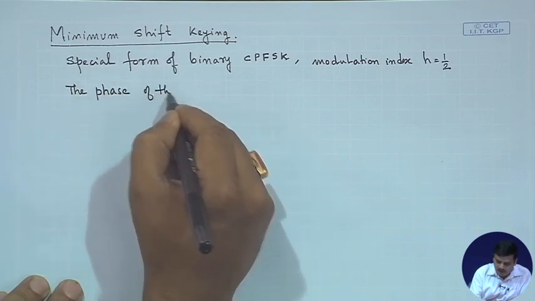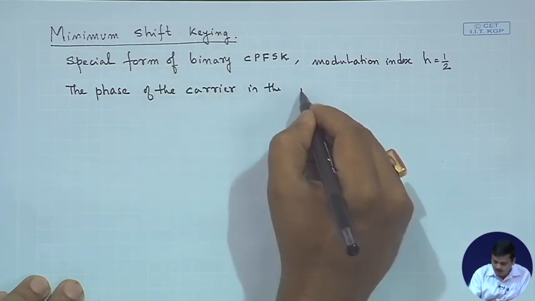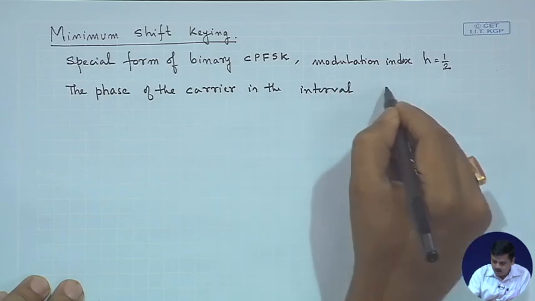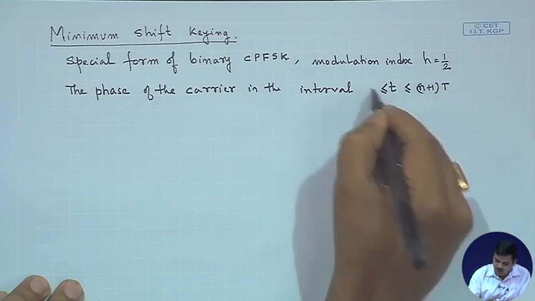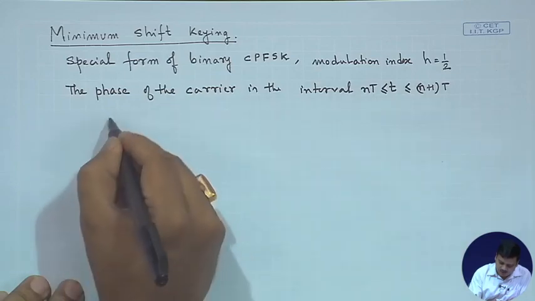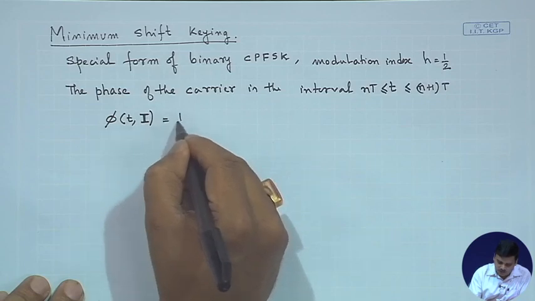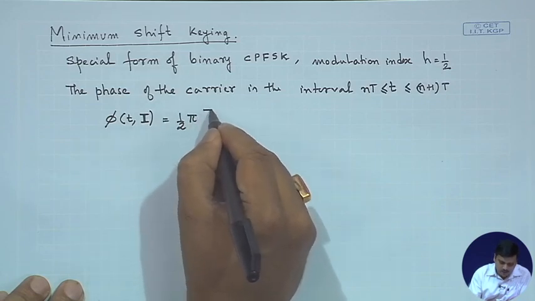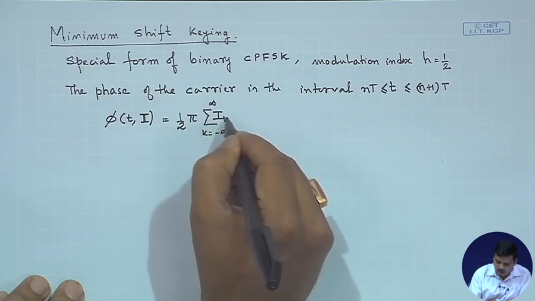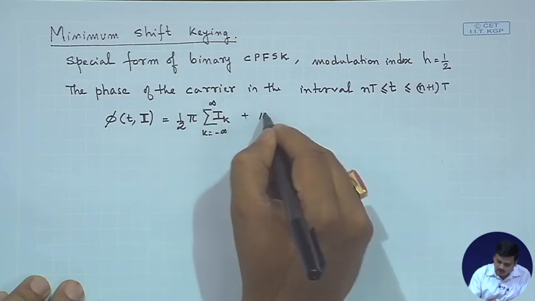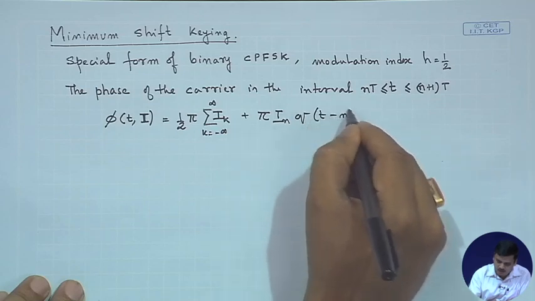The phase of the carrier is what we are interested in, in the interval n T less than or equal to t less than or equal to (n plus 1) T. So, phi of t in this interval would be equal to, with all accumulation, half pi times the sum over k from minus infinity to n minus 1 of I k, these are the PAM signals, plus pi I n q of t minus n T.